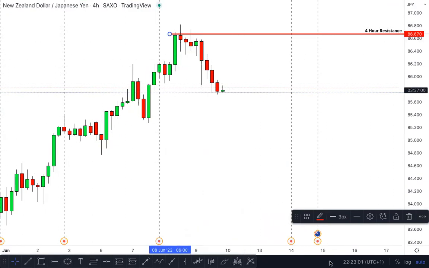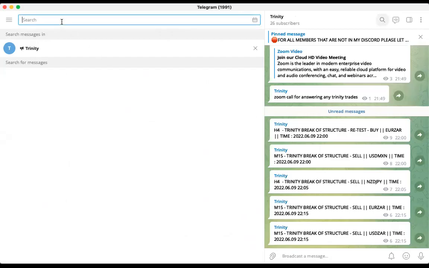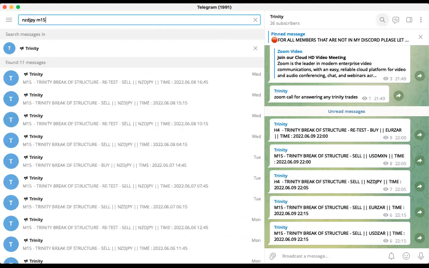Let's go see if there was a 15-minute alert that appeared here as well. So give me a second. Let's go back here. Share. Let's go see NZDJPY. So there was a 15-minute sell alert from 15:15 here.